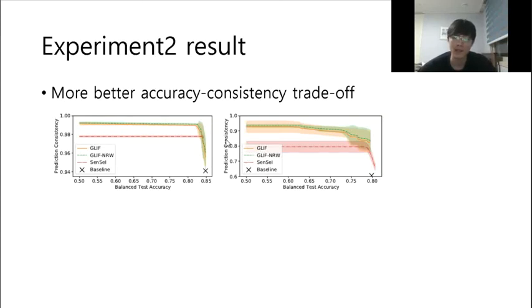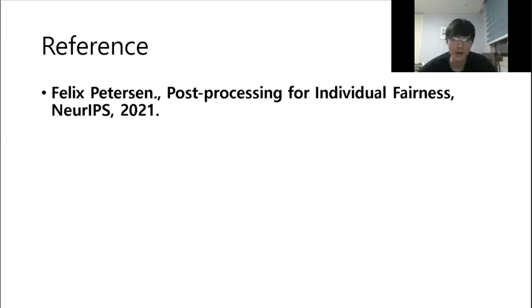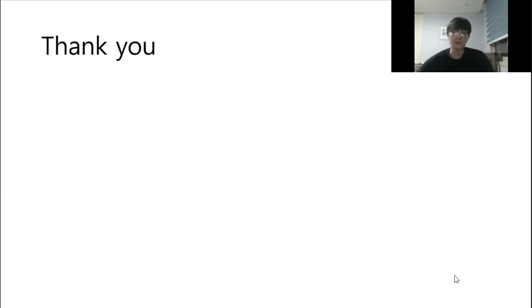In both datasets, GRIF has a better trade-off than SEN-SEI. And there is no difference between GRIF and normalized GRIF in the accuracy-consistency trade-off. So thank you for listening to my paper review, and this is the end of the presentation. Thank you.